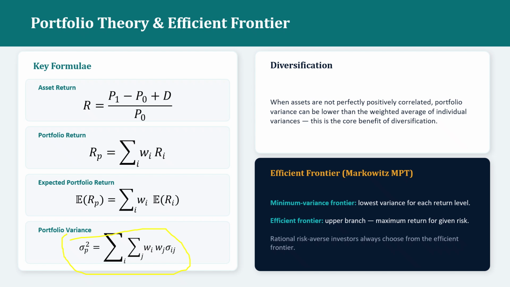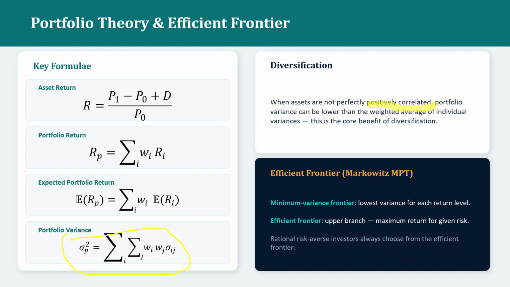The key insight of diversification is that when assets are not perfectly positively correlated, that is, correlation is less than 1, then the risk of the combined portfolio can be lower than the weighted average risk of the individual assets. This is the benefit of not putting all your eggs in one basket. So basically, we are diversifying our portfolio.